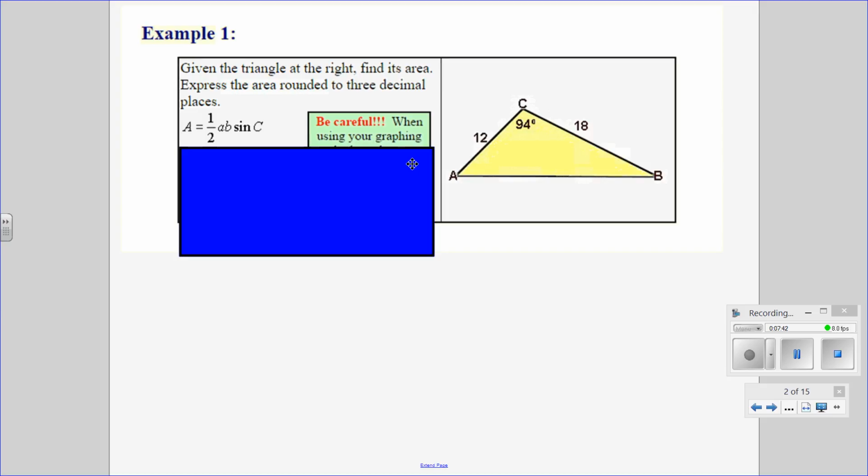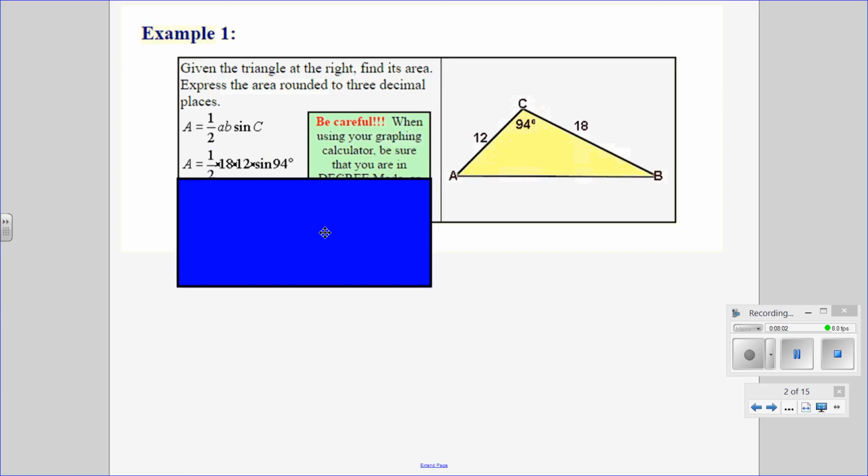We have the area is equal to 1/2 little a times little b times sine of C. Opposite angle A is always the side little a. Opposite angle B is always the side little b. Opposite angle C is always the side little c. So when we refer to little a and little b, we're looking at 18 and 12. So 1/2 times 18 times 12, and then sine of the included angle, 94.